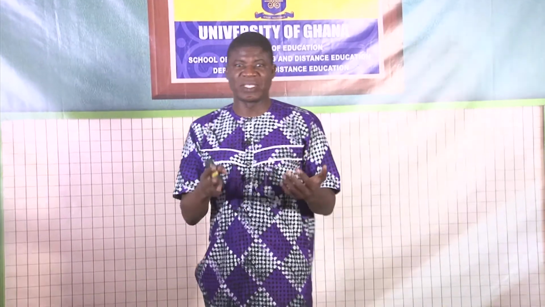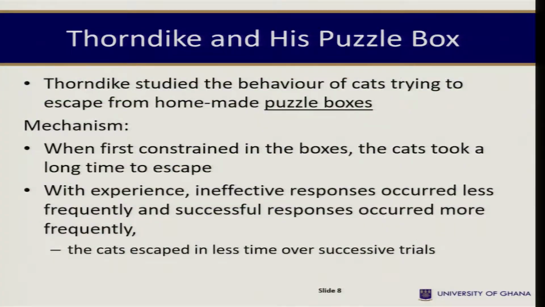So Thorndike uses a puzzle box. We're going to discuss the mechanism. Thorndike studied the behavior of cats trying to escape from homemade puzzle boxes. So how did he go about it? The cats were put in the box. When first confined in the boxes, the cats took a long time to escape.